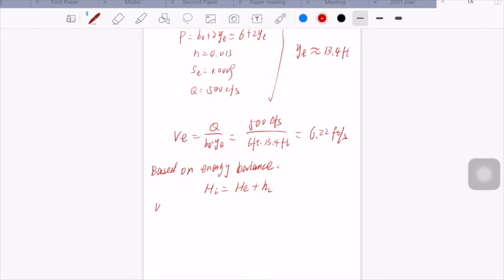So V_i squared over 2g plus y_i plus z_i equals V_E squared over 2g plus y_E plus z_E plus the head loss. And note that z_E equals 0.